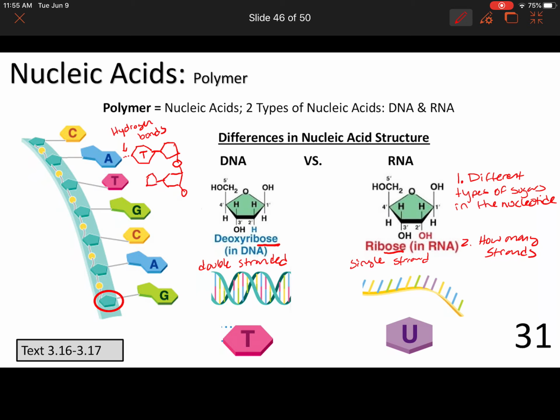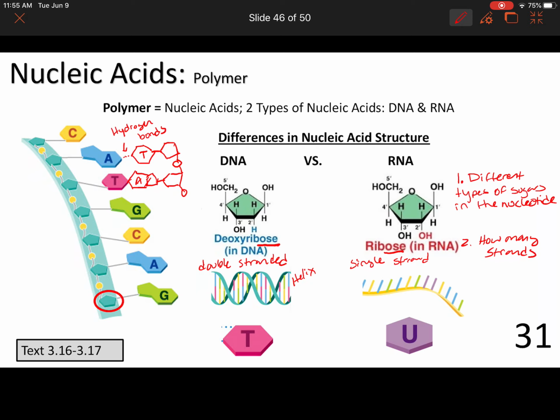And then likewise, we would have a sugar, phosphate group, attached to another nitrogenous base that is connected via hydrogen bond to the nitrogenous base of the other side.